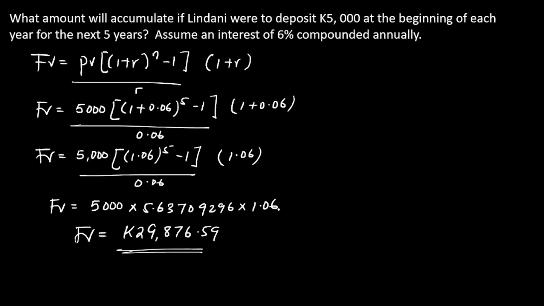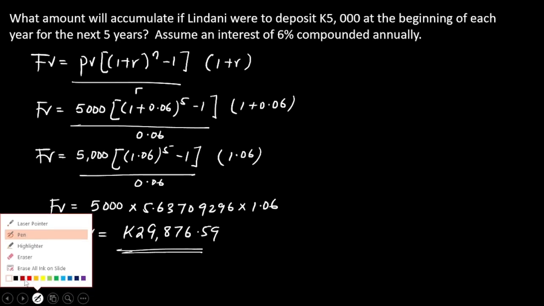If the formula becomes a problem, we can also use a tabular method. Here we are making deposits at the beginning of each year. So if you want to use a tabular method, you list the year, the beginning balance, then the deposit. Remember, since you are depositing, it is going to incur interest. Then at the end of the year, how much is it going to be? So years 1, 2, 3, 4, 5.